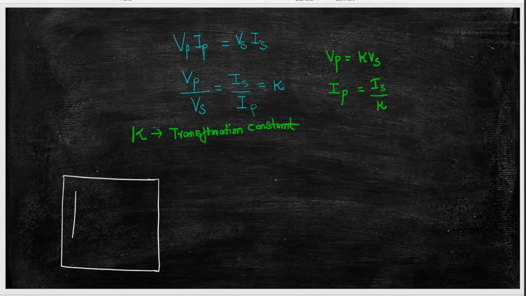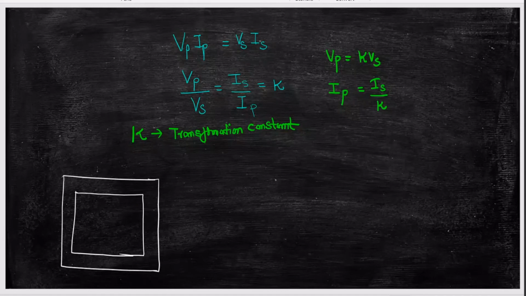See here, when I take a core and I want some winding on the core and some winding on the primary side. When I give current to this primary side, what is happening?